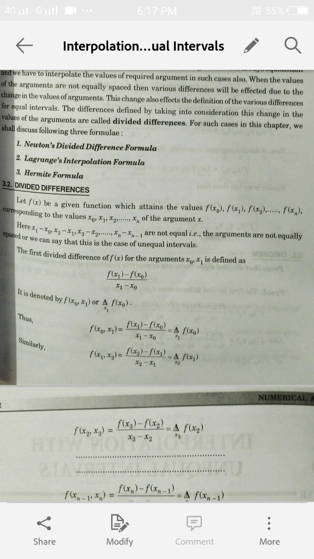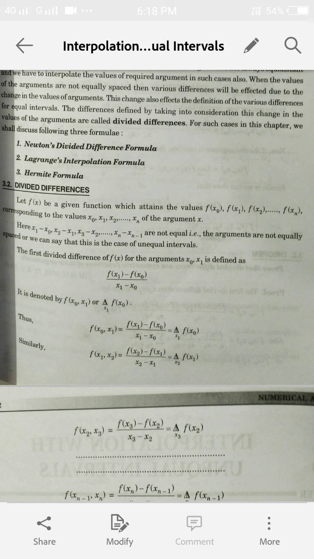So here we find the divided differences corresponding to these arguments one by one. First we consider the arguments x0 and x1, and we find the first divided difference of the function corresponding to these arguments. So we calculate the value of f(x1) minus f(x0) upon x1 minus x0.